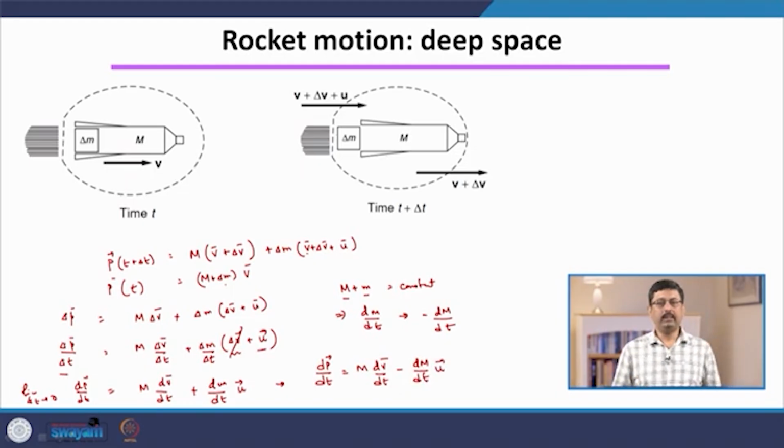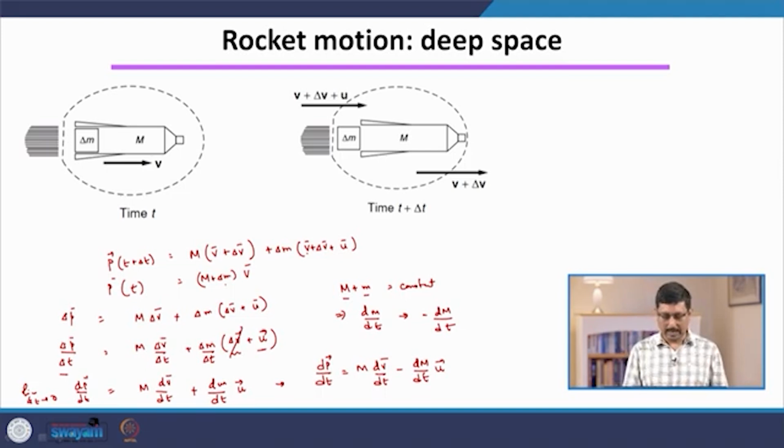Now you see that this is not simply a straightforward F equal to ma or F equal to dp/dt. This is why we discussed this most general version of Newton's laws of motion at the beginning of this course, which is very useful in this kind of situation when you have different parts of the system and the mass is also changing with time.